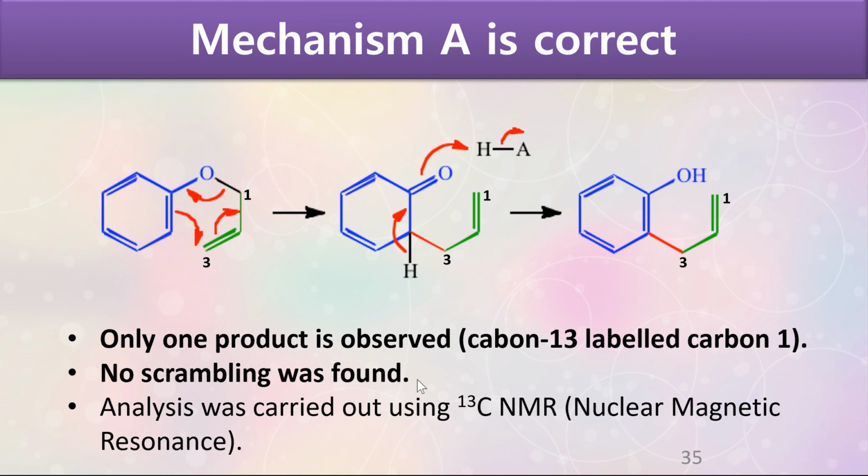No scrambling was found, meaning you didn't have a mixture of one carbon 1 being bonded to this carbon and carbon 3. We only had carbon 3 bonded to the aromatic ring. And the analysis was carried out using carbon-13 NMR. NMR stands for nuclear magnetic resonance.